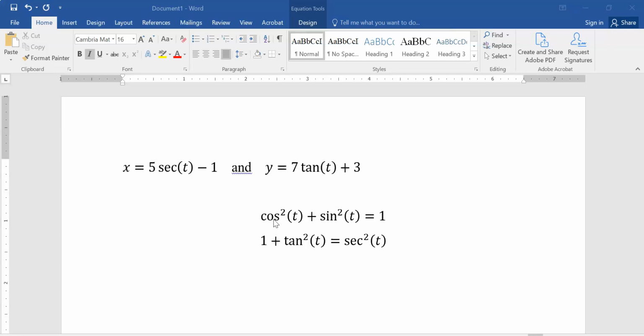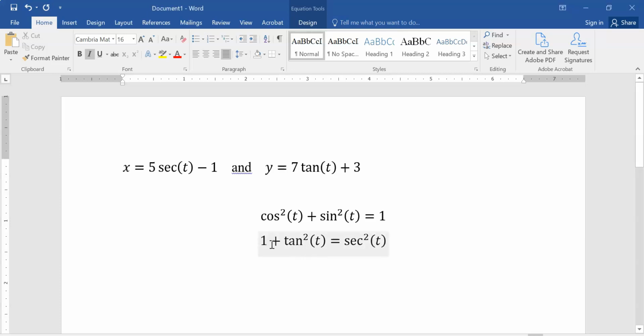Cosine squared divided by cosine squared is 1. Sine divided by cosine is tangent, so sine squared divided by cosine squared is tangent squared. And 1 divided by cosine is secant, so 1 divided by cosine squared is secant squared.